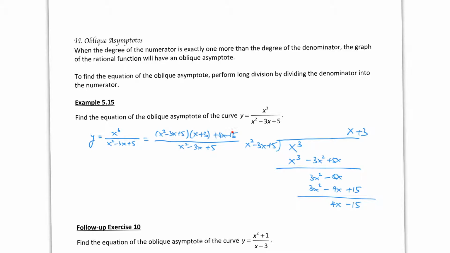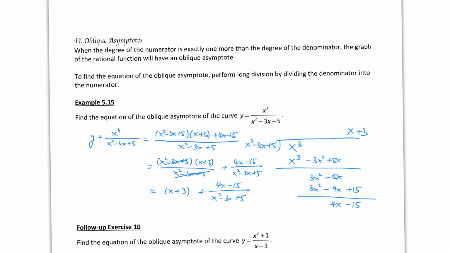These two terms are divided by x squared minus 3x plus 5. I can separate them. So I do it step by step. You can see we can cross out the denominator, and then remain x plus 3 plus (4x minus 15) over (x squared minus 3x plus 5).